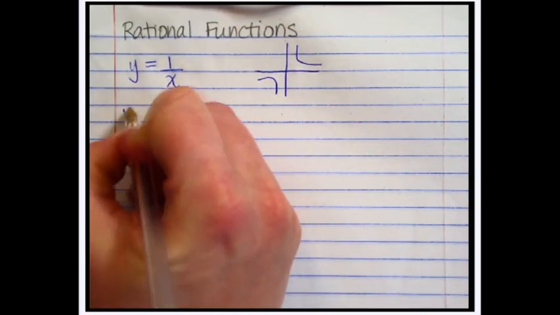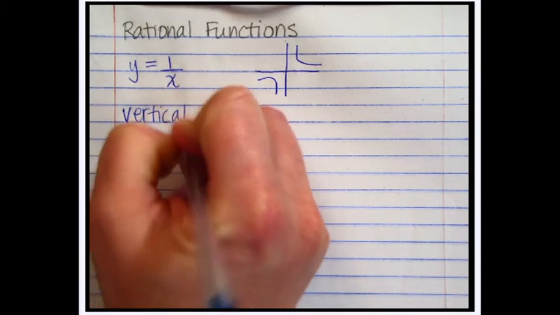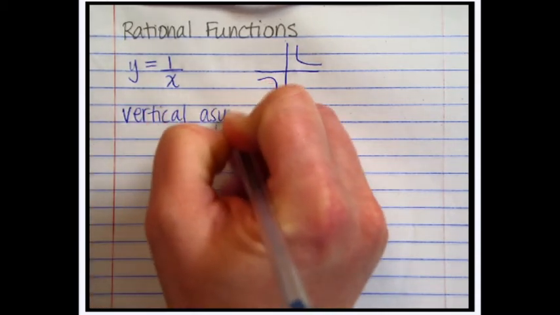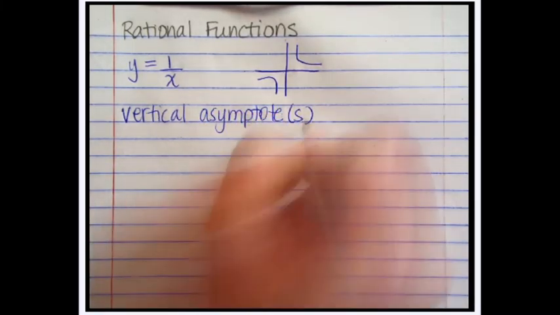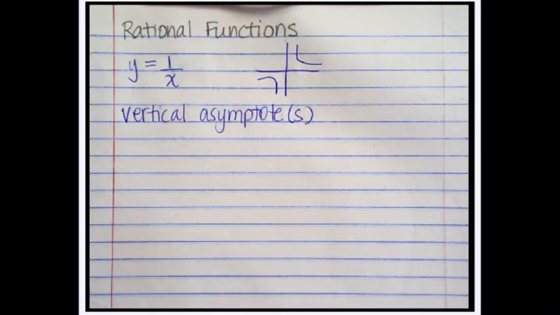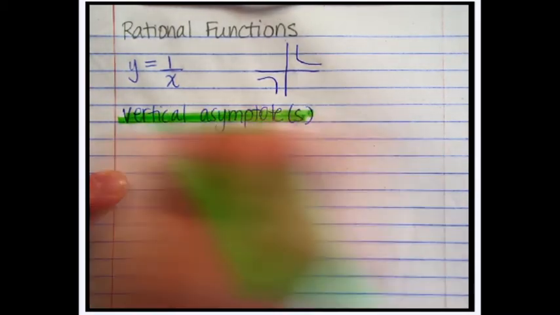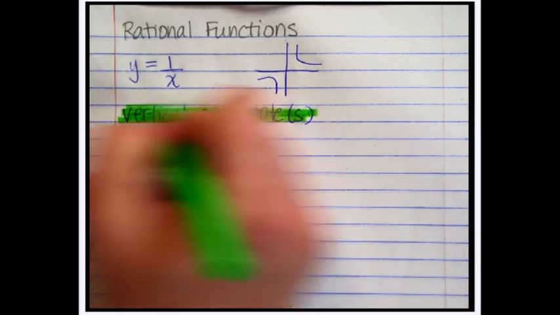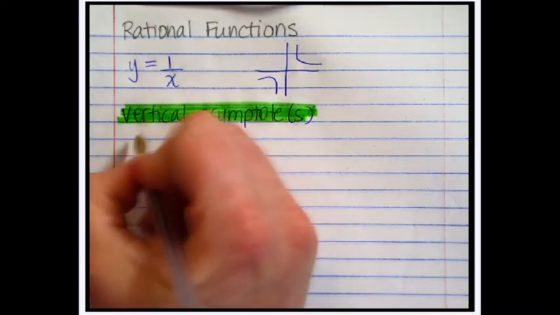Okay, and the first thing we're going to look at is the vertical asymptote. And there can actually be more than one. And so I mentioned yesterday incorrectly, I apologize, but most rational functions will have a vertical asymptote. Okay, we will see a couple today that do not, but most have a vertical asymptote.